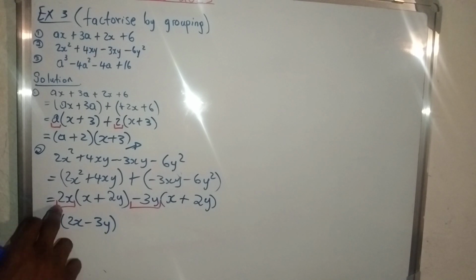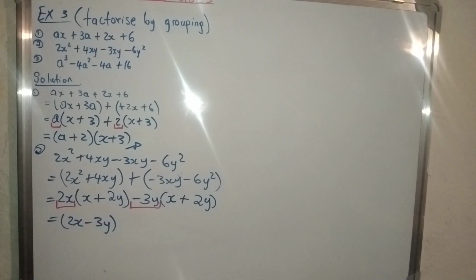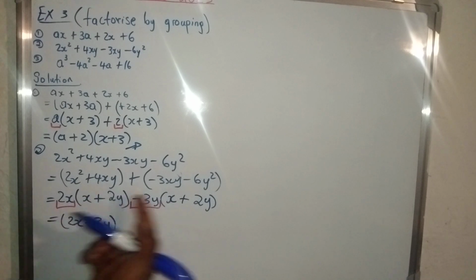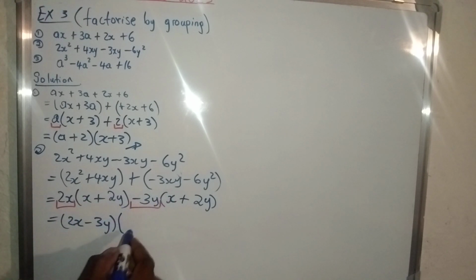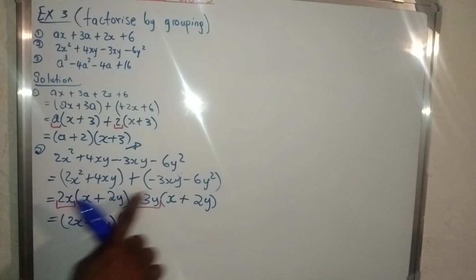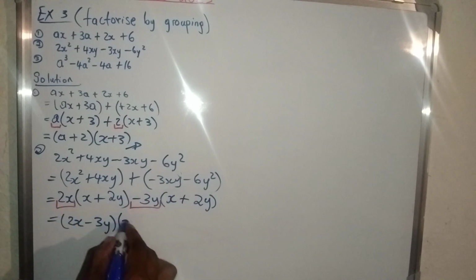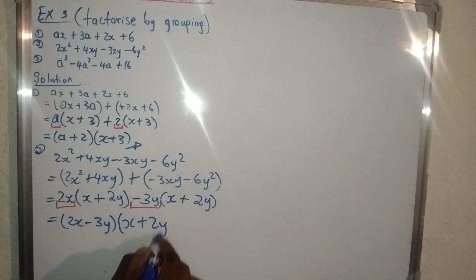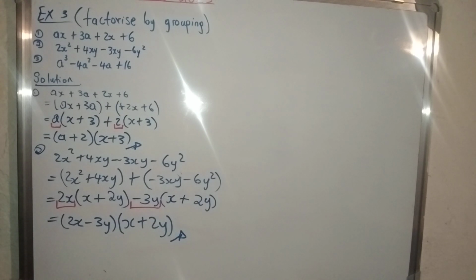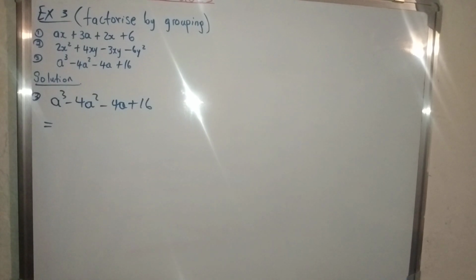Simple as that. These are the two terms, which are the coefficients of each bracket. And then you open the brackets, then you just take one bracket because they're the same, which is x plus 2y. Then it is factorized. Simple as that. Then now let's look at the last one, which is number 3.